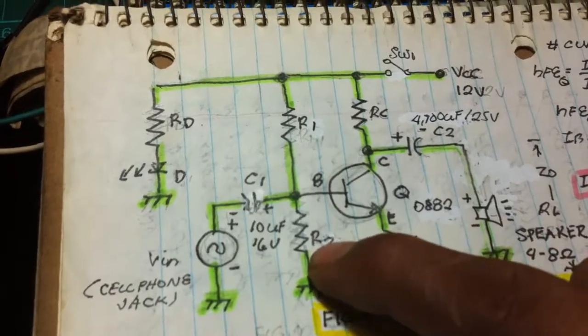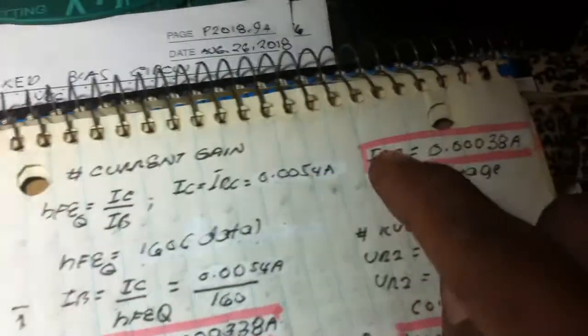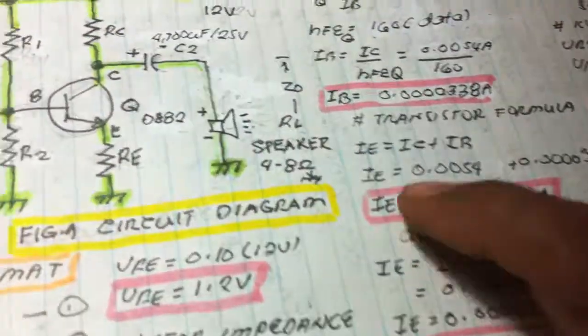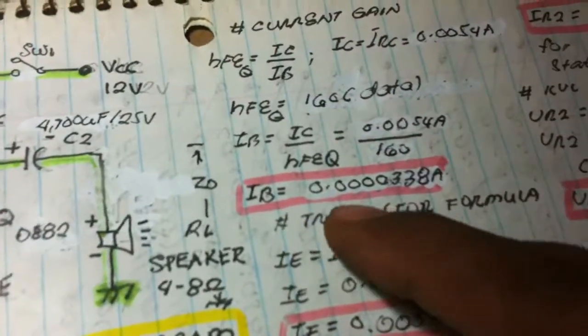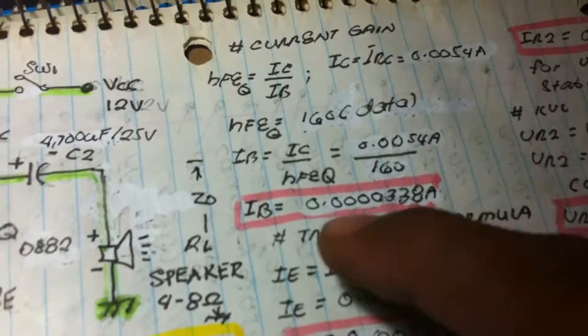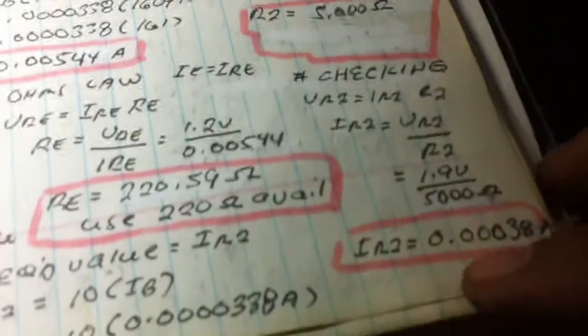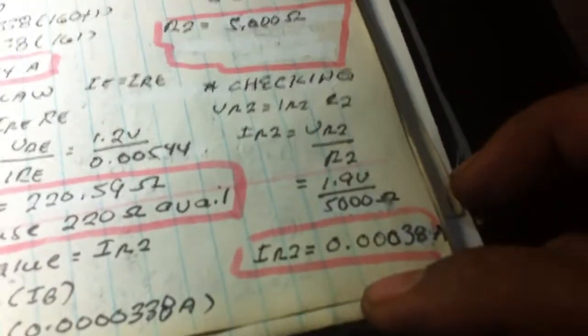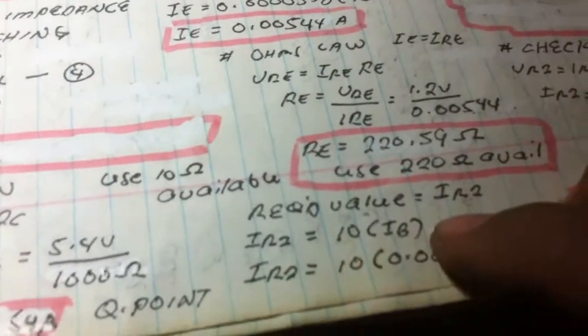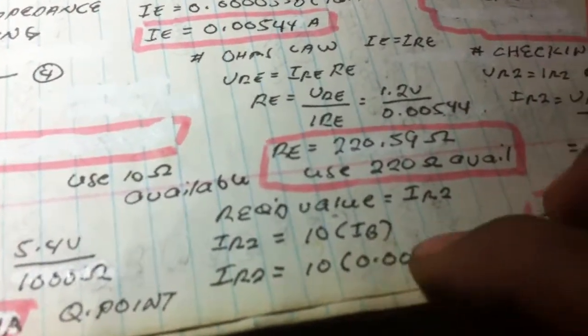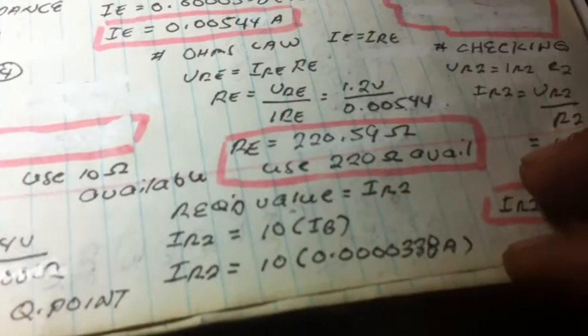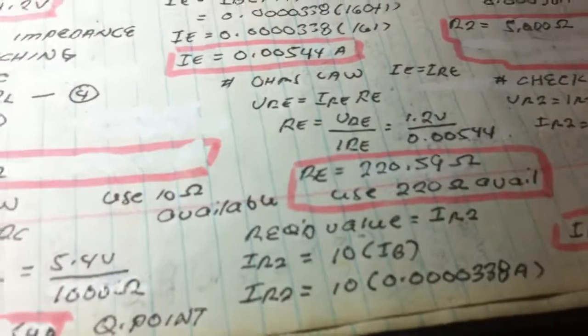So the current here is 0.0038, and that is 10 times this base current. So we accomplish the requirements. We achieve 10 times IB for IR2.